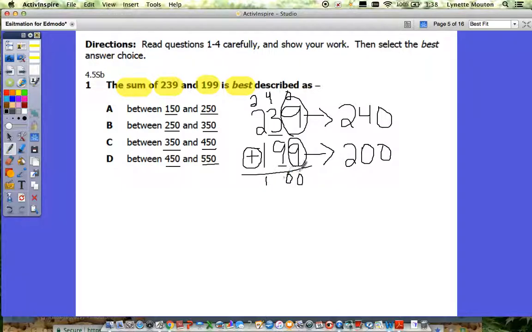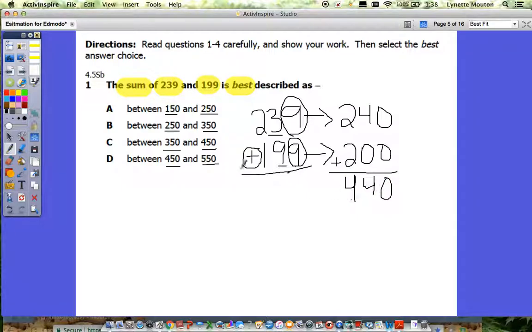Rounds up to 100. We can't leave it that way. We've got to combine them. It's almost like we're regrouping here. So that becomes, again, 200. And I'll take that out of there so as not to confuse you because it's not an answer. I'm just showing you the rounding process. And then we're finding a sum. So we add it. 0, 4, 4.